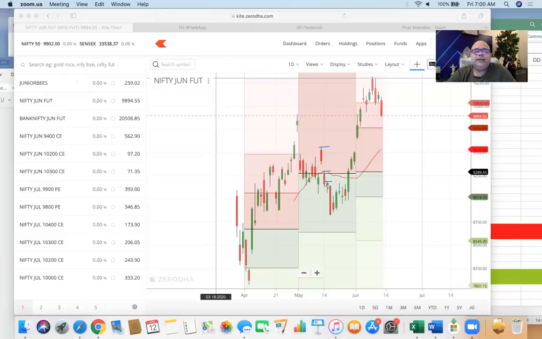And then my buy stop was here. So each time I get a lower high, I am moving my buy stop down. Finally, this green bar crossed the previous day's high. So that was an indication that some sort of exhaustion has started to happen around this 8800 zone.